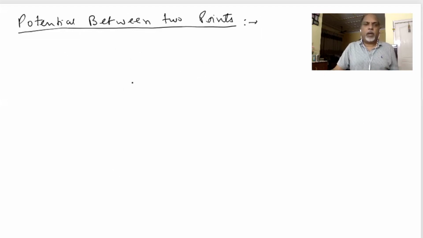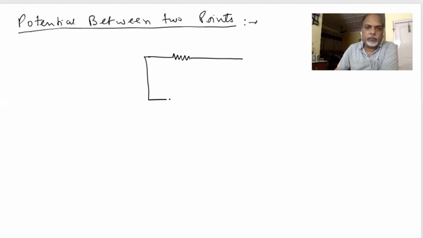Now we will find out how to find the potential between 2 points. Suppose you have a circuit like this. This is R, the current is I, and this is the EMF.